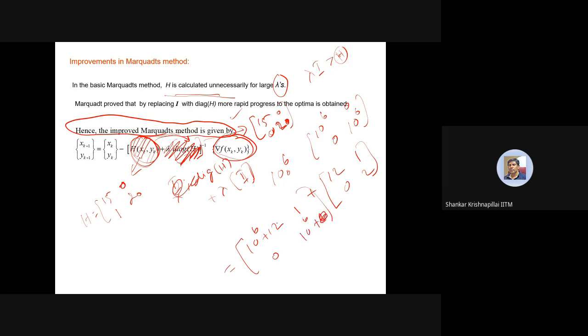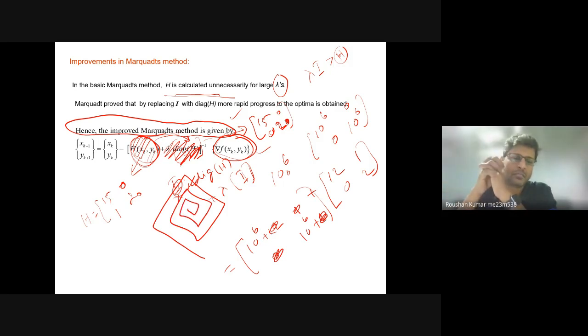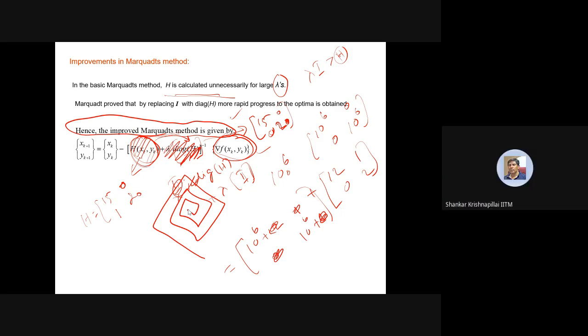So this H matrix will have no effect when you give large values of lambda. So when you give large values of lambda, it will represent Cauchy's method more, because the second derivative matrix is gone. That is the main logic there. Then it will do these right angle searches. That is the main explanation given in the textbook. I don't know how to graphically plot this and explain.